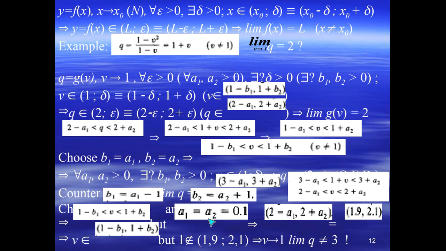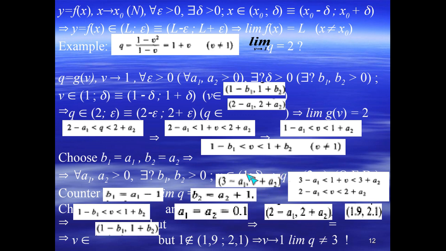I've taken 3 mistakenly as my candidate for the limit. 3 minus 0.1 is 2.9. 3 plus 0.1 is 3.1.